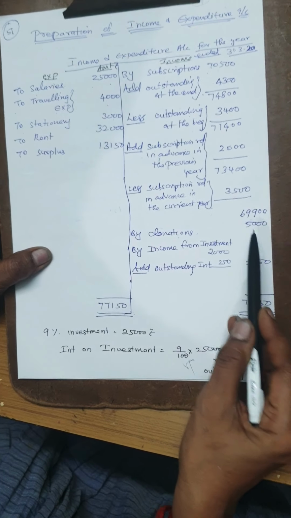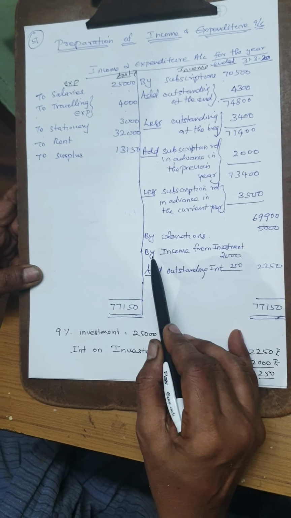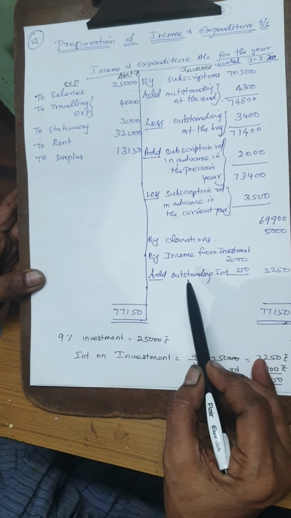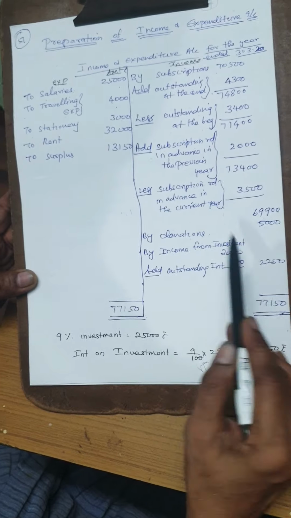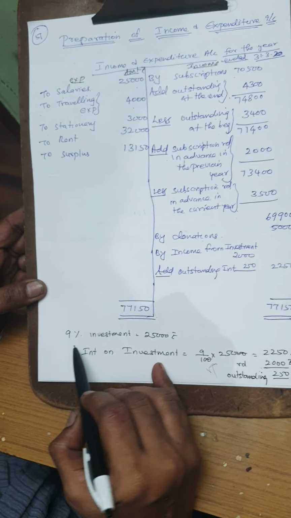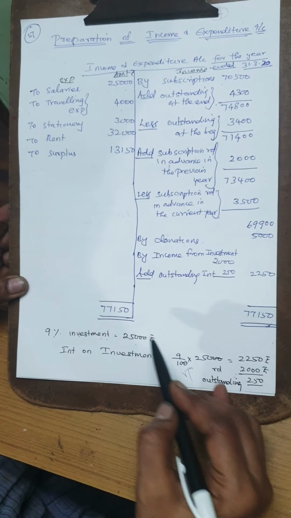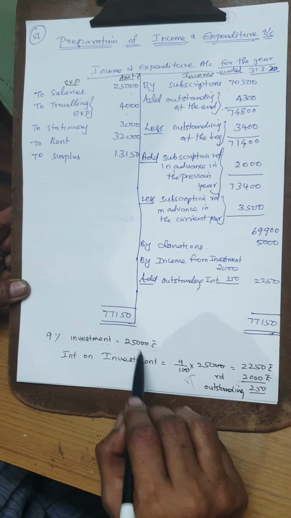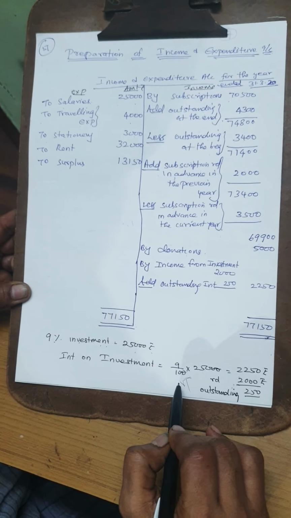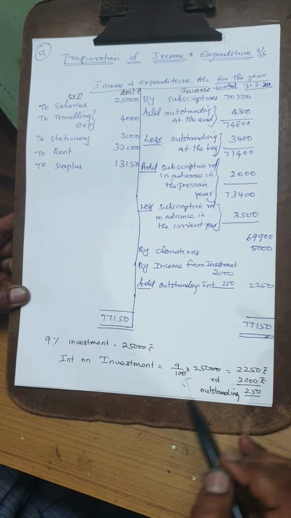By donations 5,000, it is not specific donation, so we have taken it here. By income from investment, it is given 2,000 in the receipts and payments account. But in the adjustment, 9% investment 25,000 given, and we have to calculate for the full 1 year because it is there in the previous year itself.